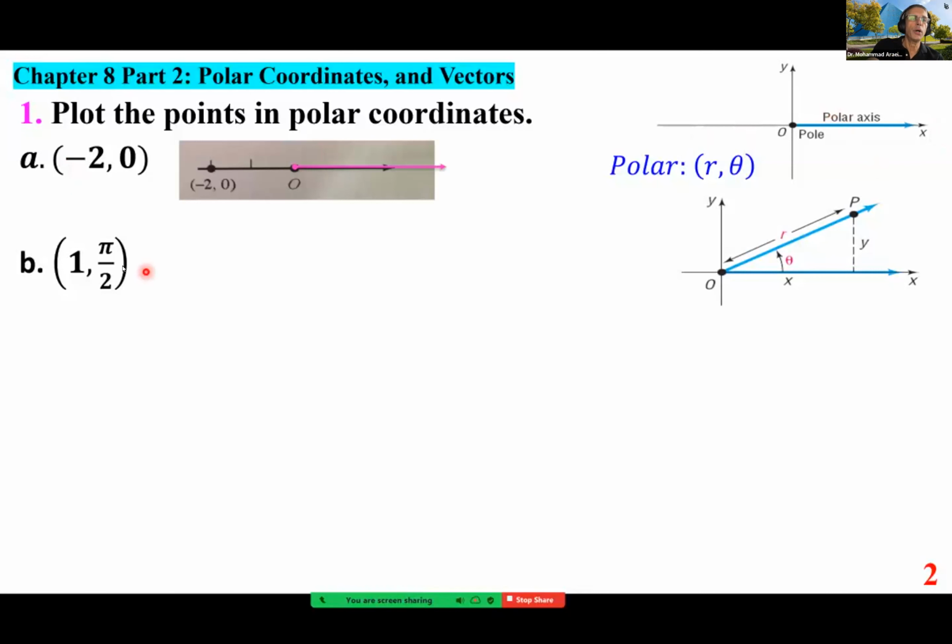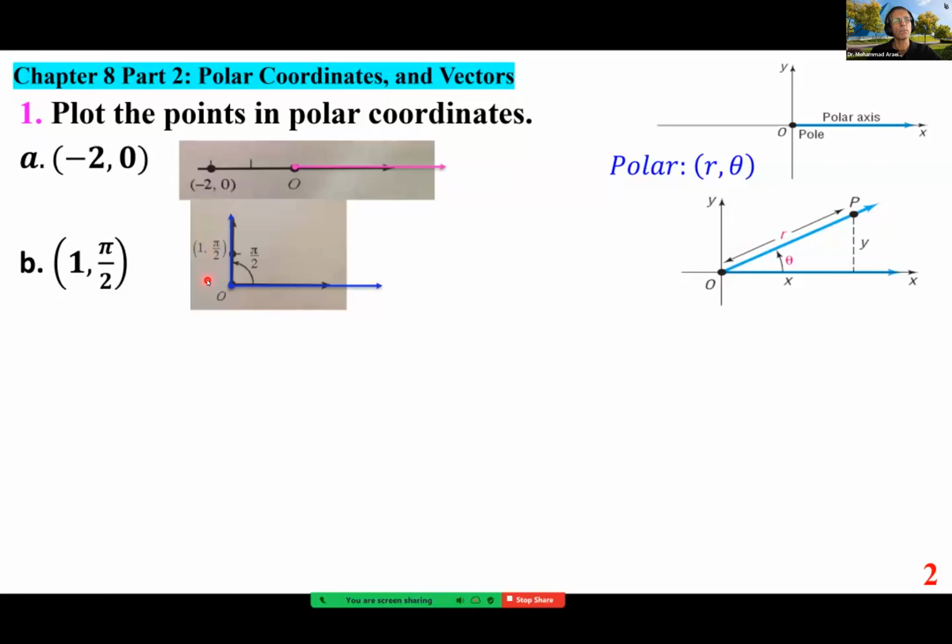For this one, pi over 2 in essence is like the y-axis for the rectangular coordinate system. So you start with that, and how many? Just one tick mark. That going up 1 would be 1 comma pi over 2.